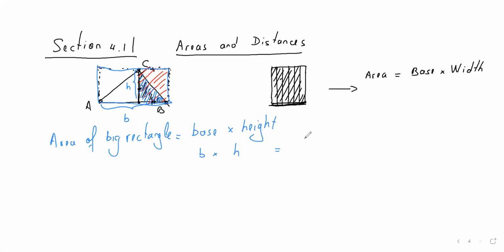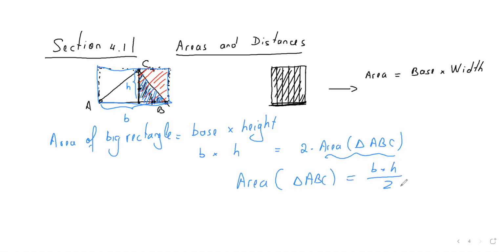But this is equal to, as we saw, our triangle breaks up in two, and each of them has a congruent part on the other side, on the missing side. So the area of our triangle is half of the area of the rectangle. So twice the area of triangle ABC gives us that way we derive a formula: the area of a triangle ABC is base times height over 2.